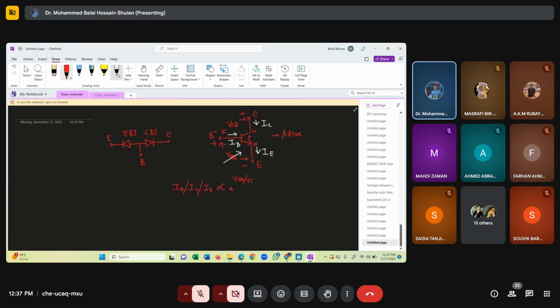Which means that if you change VBE, you get change in IE, IC, IB. So that is actually a diode characteristic.